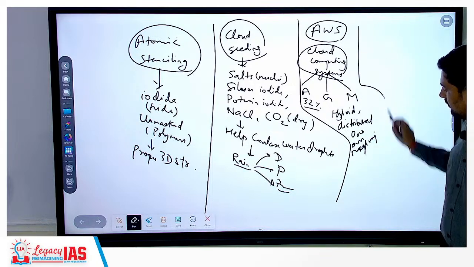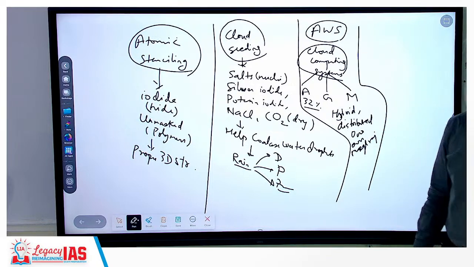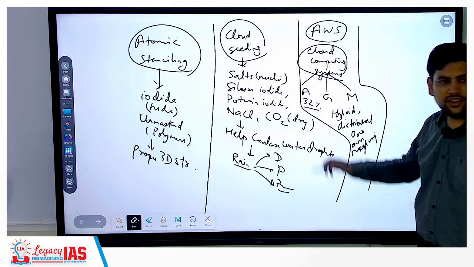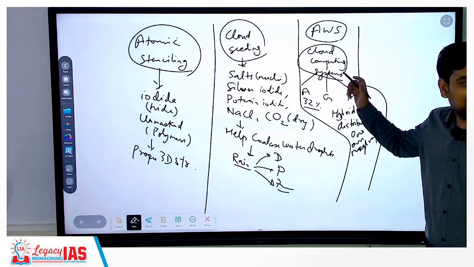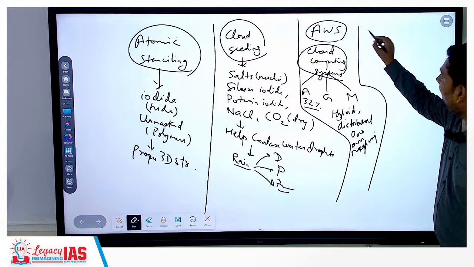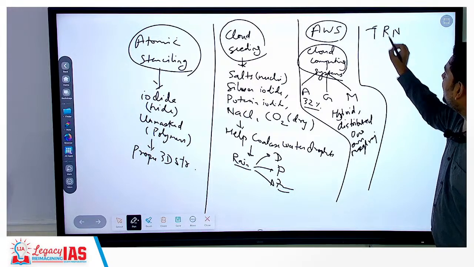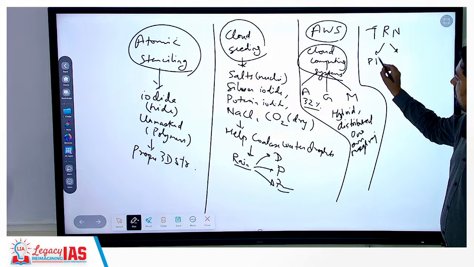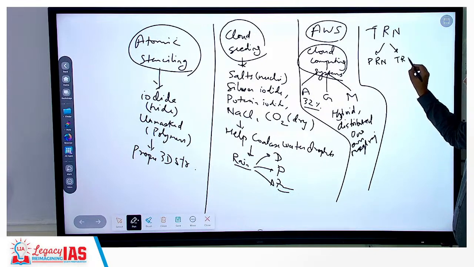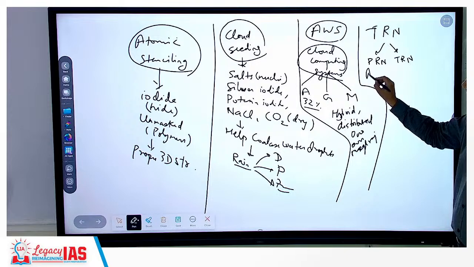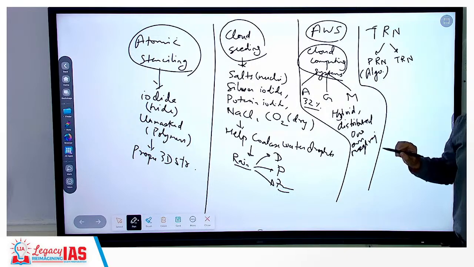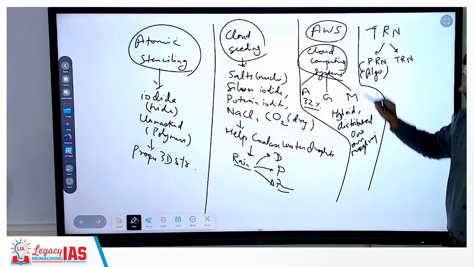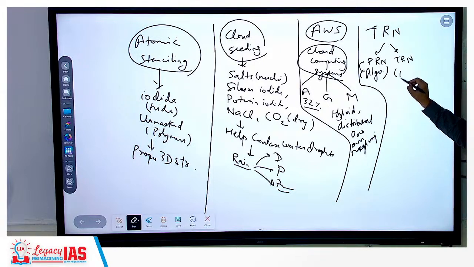Then next, true random numbers. Here what you have to remember, two kinds of number are there, pseudo random numbers and true random numbers. Pseudo is based on some kind of algorithm, correct, and it can be backtracked like this. True is based on physical phenomena, especially at quantum level.